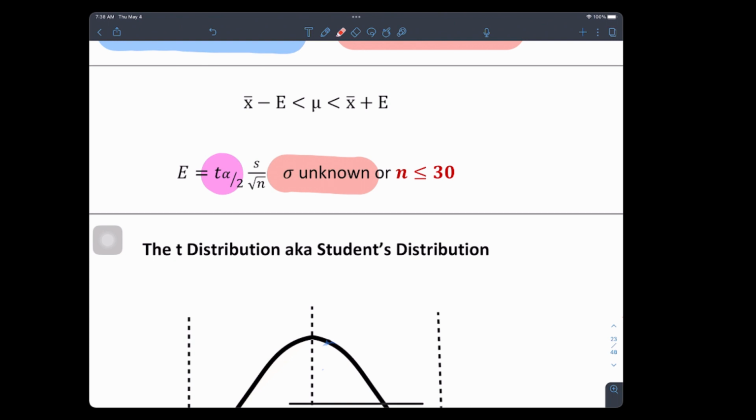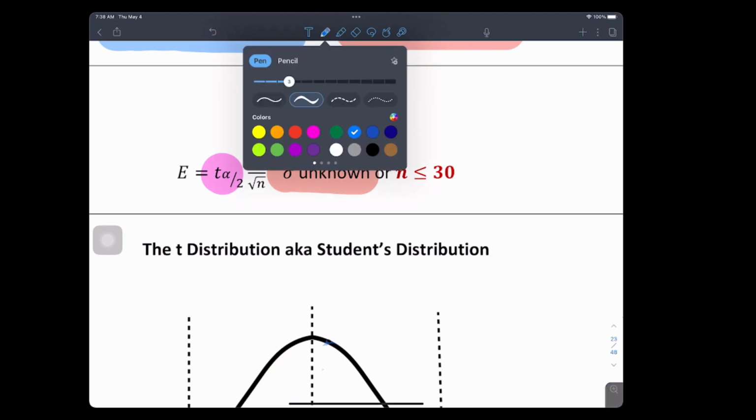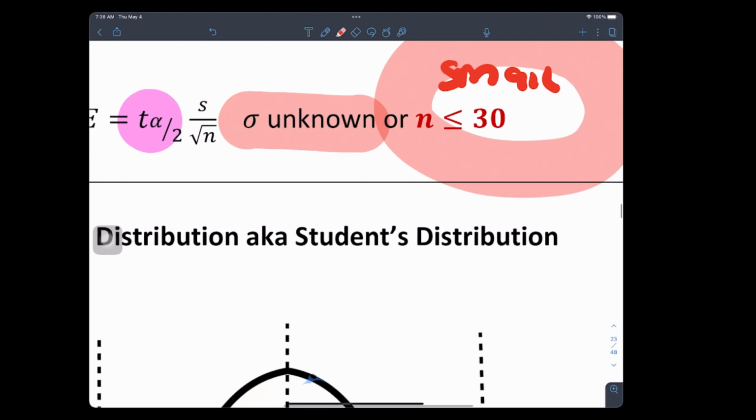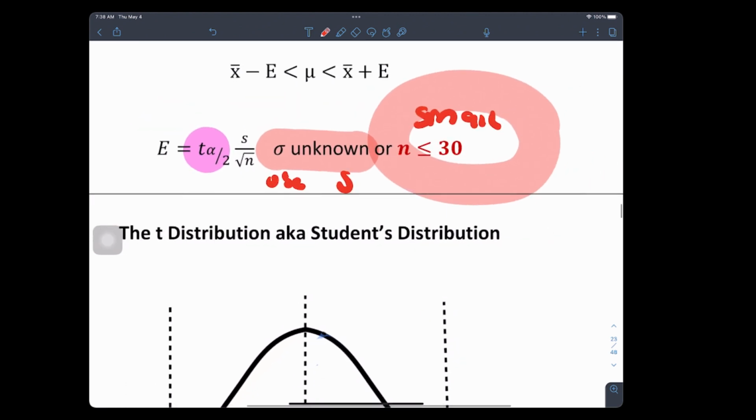Or if the sample size is no more than 30, if the sample size is small. This is a real important detail. Sigma being unknown means you have to use s, the sample standard deviation, because the true standard deviation is unknown.